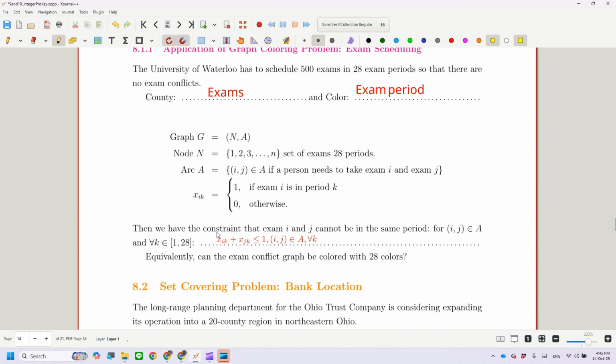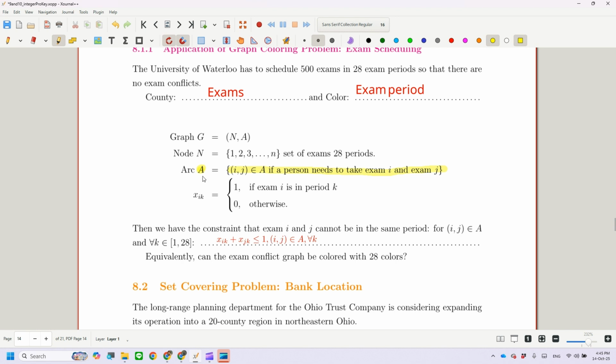And so then we have to have a constraint that exams i and j cannot be in the same period. Okay, I forgot to say something about the set A. So exam i and exam j cannot be in the same time period if there's a student who needs to take both.